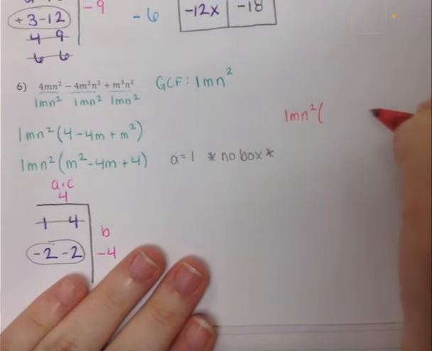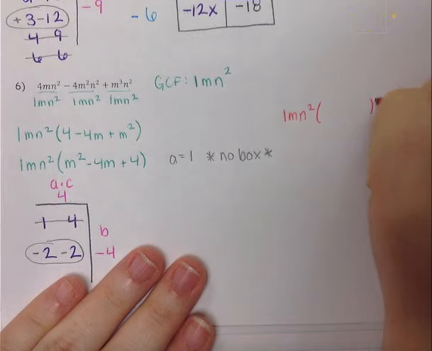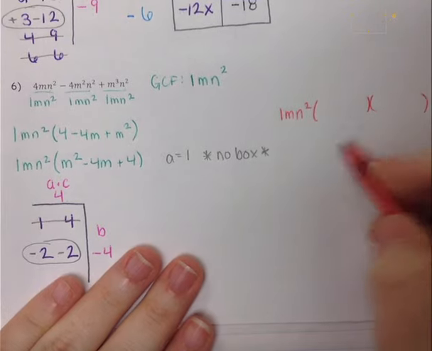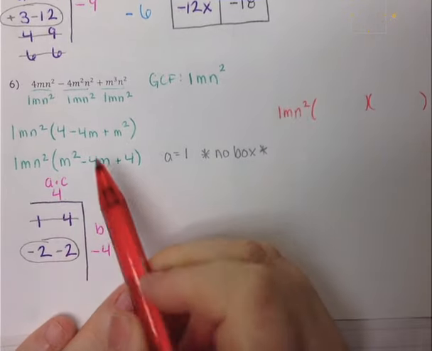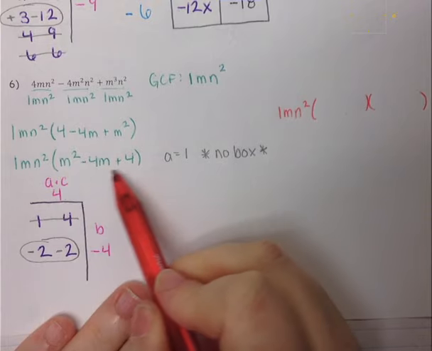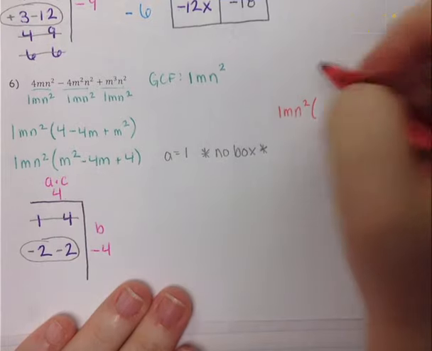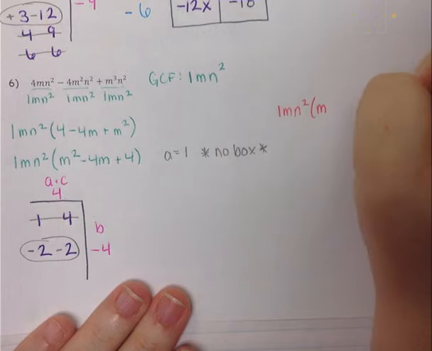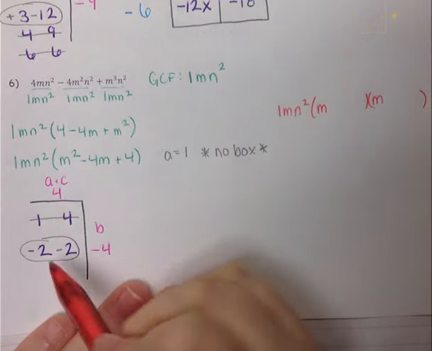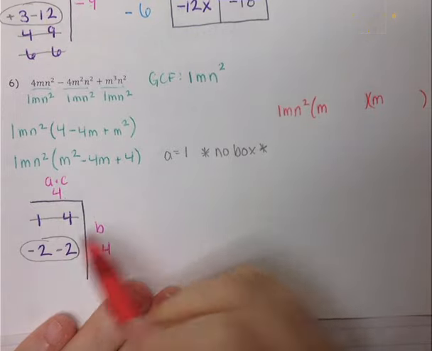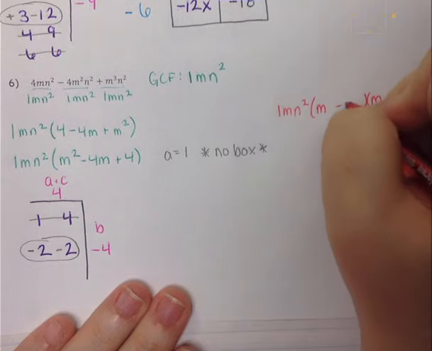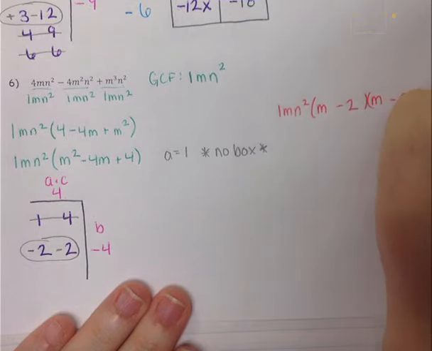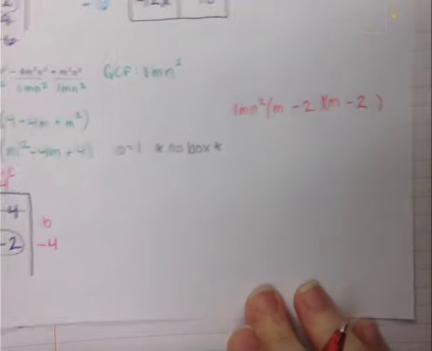So I'm going to come up here to where I already started part of my answer, because I put the GCF on the outside. Always put your GCF on the outside. Now the letter that was remaining inside of our quadratic is the m. So m has to go in the front of both sets. Now I put the numbers into both sets. So that first one is a minus 2, and the second one is a minus 2. So this is our answer.